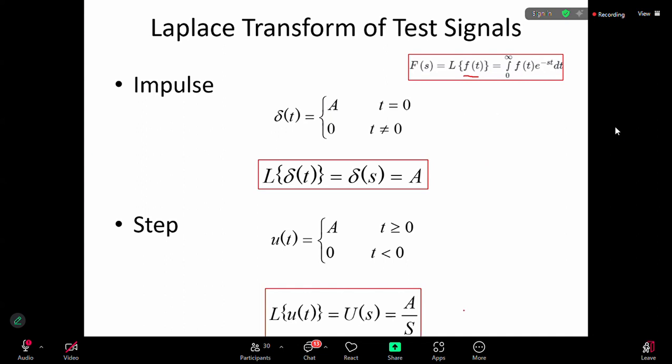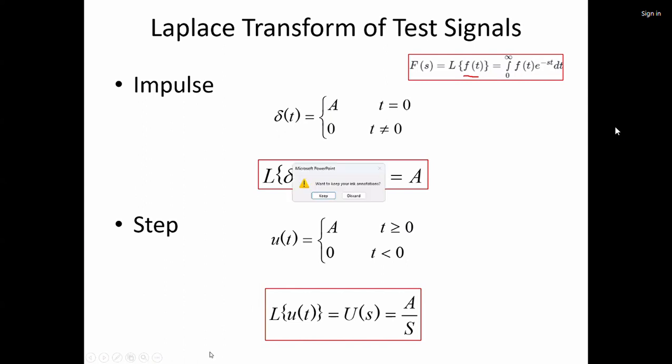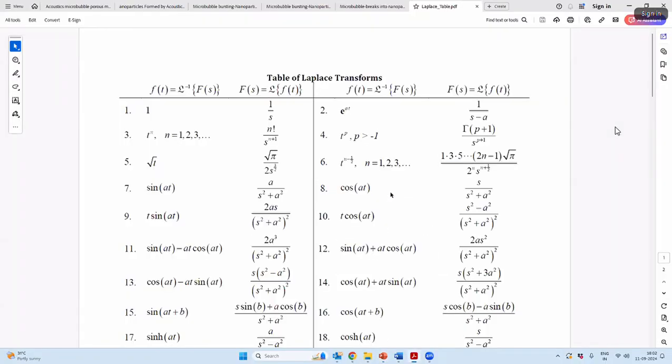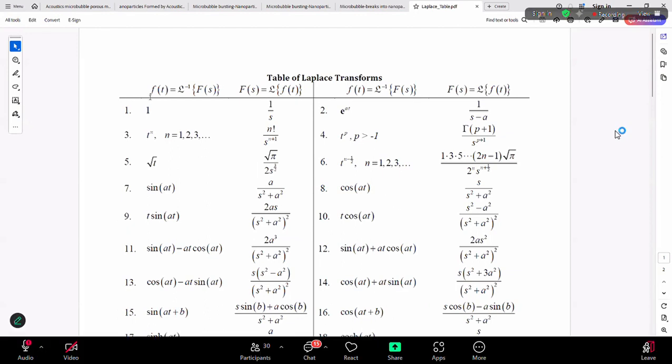So typically, if you look at this Laplace transformation table, for different functions in the time domain, you can have the corresponding function in the frequency domain, right?